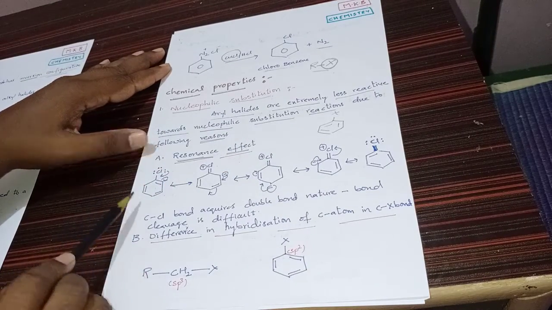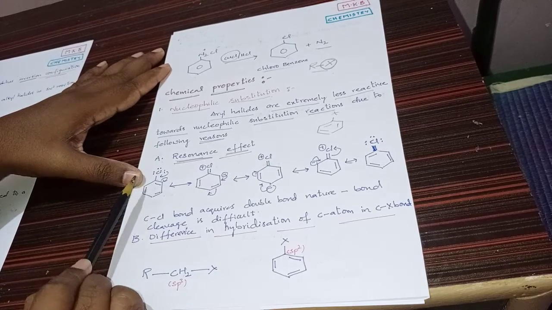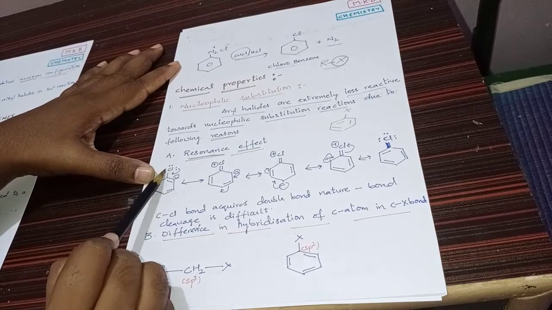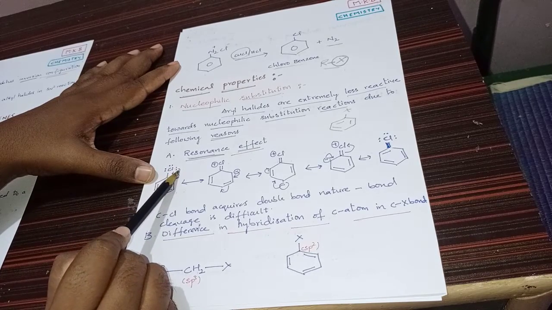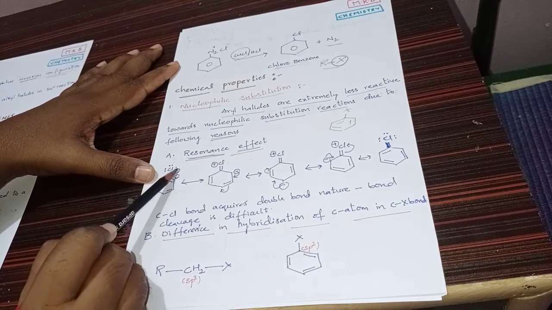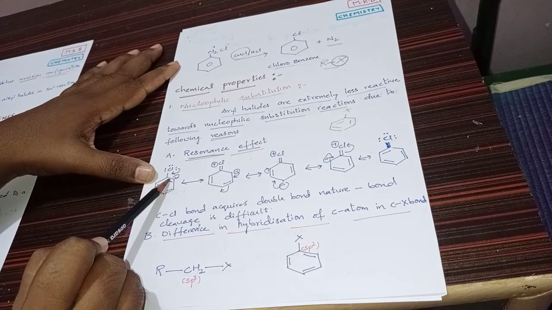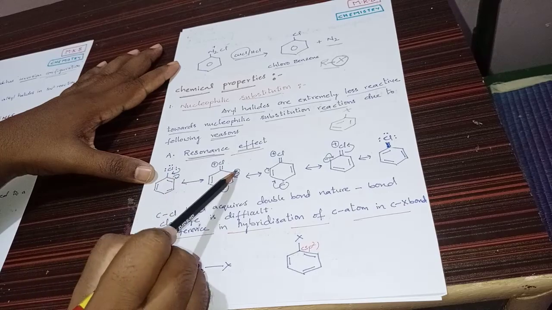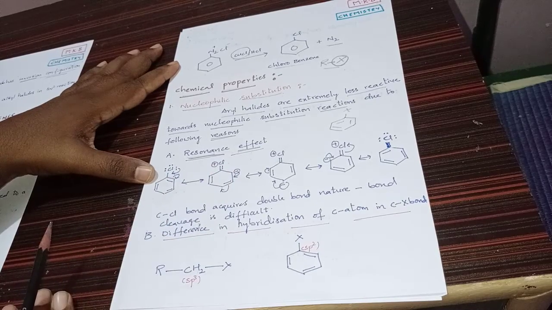See, in the first structure of this chlorobenzene, as this halogen contains 3 lone pairs of electrons, one of the lone pairs will be involved in delocalization, that means in resonance. So when the lone pair of electrons enters the benzene ring, these pi electrons move towards the carbon and hence the carbon gets negative charge and chlorine gets positive charge.